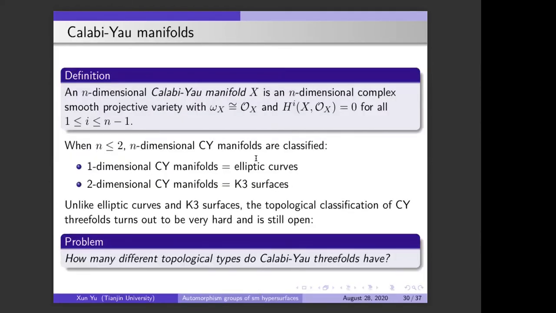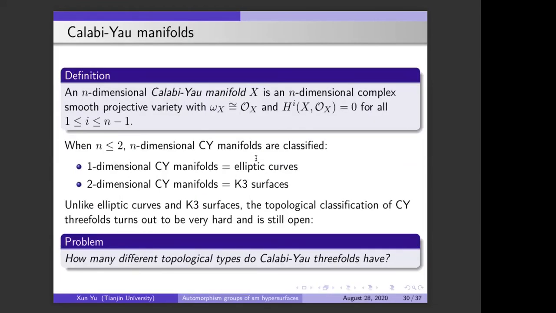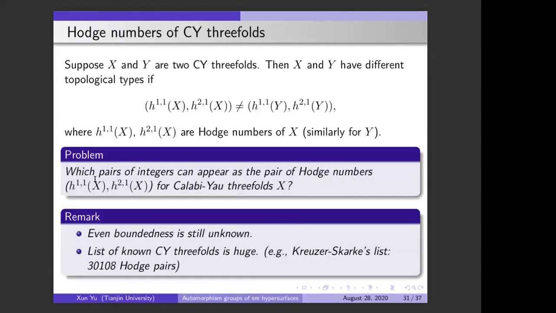And just a few more minutes, let me explain an application of the classification of automorphisms of quintic threefolds. We know it is an open problem how many different topological types of Calabi-Yau threefold there are. This turns out to be very hard, and a related problem is which pairs of integers can appear as the pair of Hodge numbers h11 and h21 of a Calabi-Yau threefold.